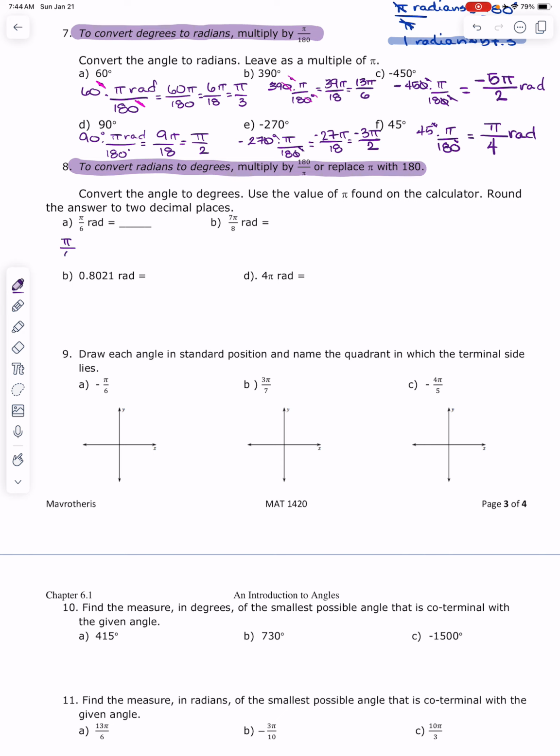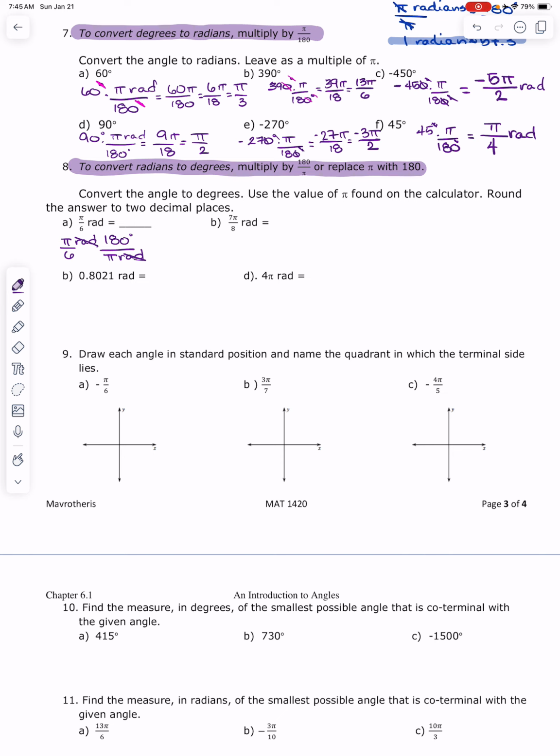So I've got pi over 6 radians. I'm sticking that unit measure in the numerator. I'm going to multiply by 180 degrees over pi radians. Again, I said that units cancel just like numbers do. So the reason for putting that pi radians in the denominator is so it will cancel with the radians in the numerator.